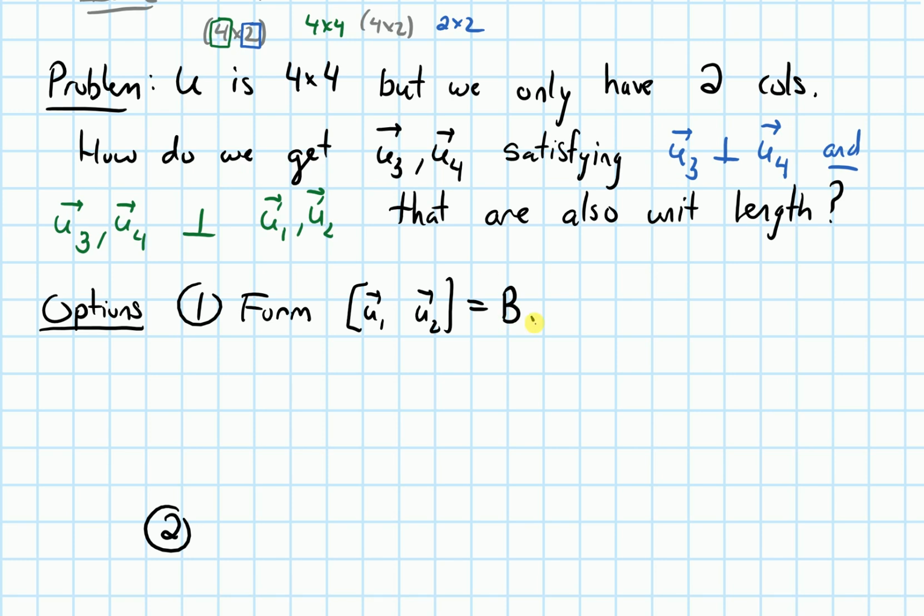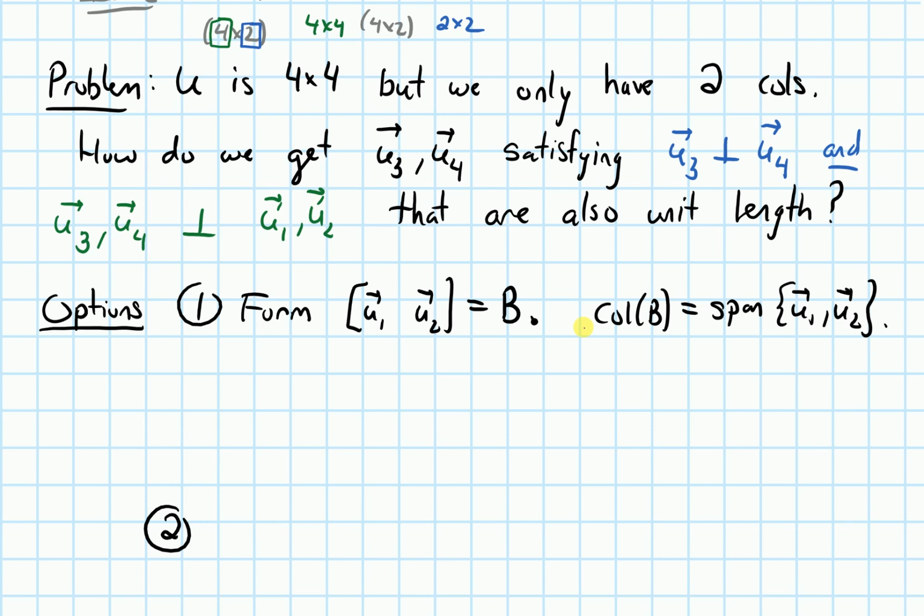So I'm going to try to find some vectors that are orthogonal to the column space of B. Because if I can find vectors that are orthogonal to the column space of B, they're definitely going to be orthogonal to each of the columns individually. And that's what we're after. We want to find vectors that are orthogonal to both of these columns. So the column space of B is the span of the columns, the span of u1 and u2.